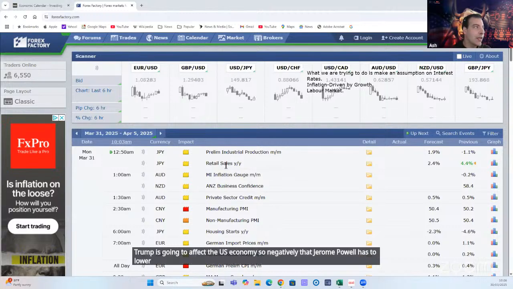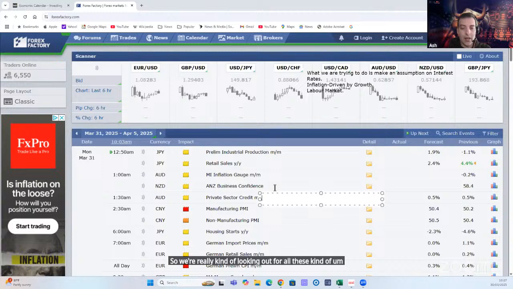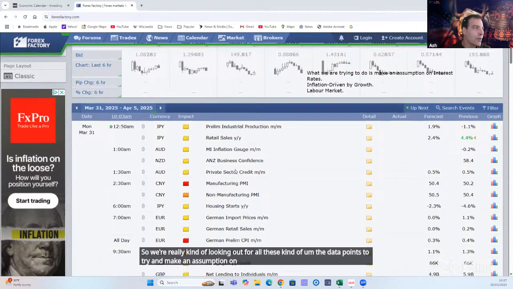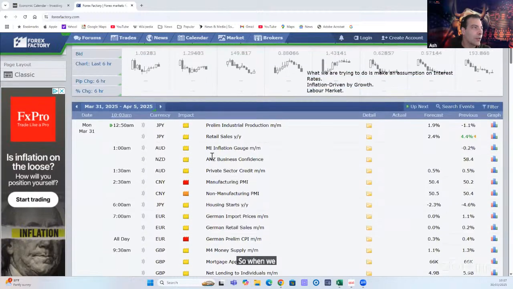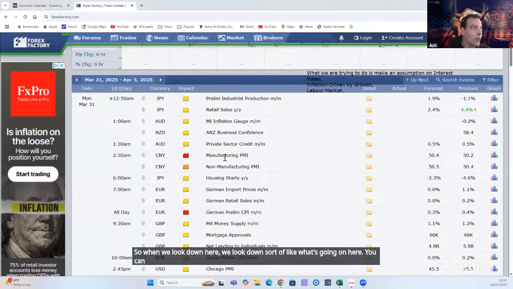But if we look at what happened last week, he didn't lower interest rates. And if you look at what central banks are saying, it's going to be a slow move. So we're looking out for all these data points to try and make an assumption on where things are going to go. When we look down here, you can have a look at what's going on in China.